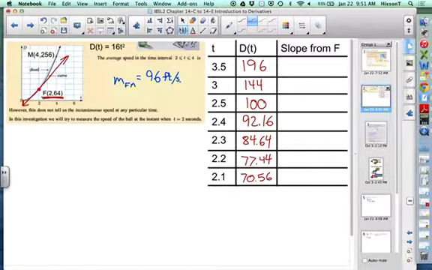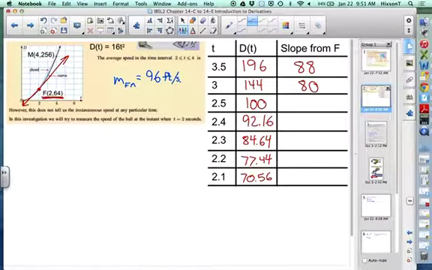Okay. So those were points that are getting closer and closer, giving us a smaller and smaller interval. When I'm finding the slope from f to this point, I'm finding the average speed over that interval. So at 3.5, what was the slope to that point? 88. How about to 3? 80.